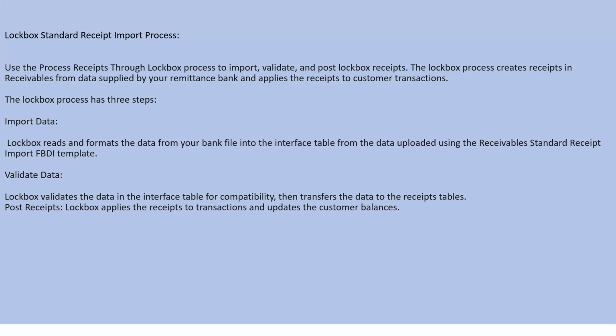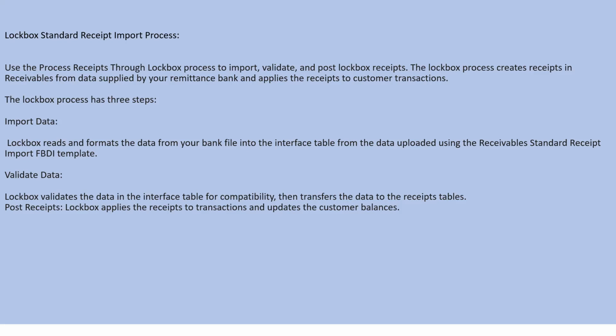In order to understand this completely, I'm going to provide you some key information at a high level. First of all, Lockbox is one of the powerful tools in Accounts Receivable which Oracle has given to us as a seeded process.